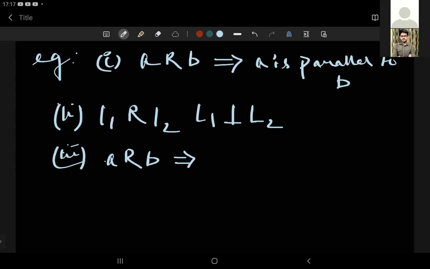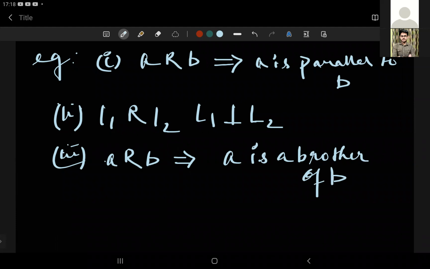Tell me this one. Very logical. Is it symmetric?